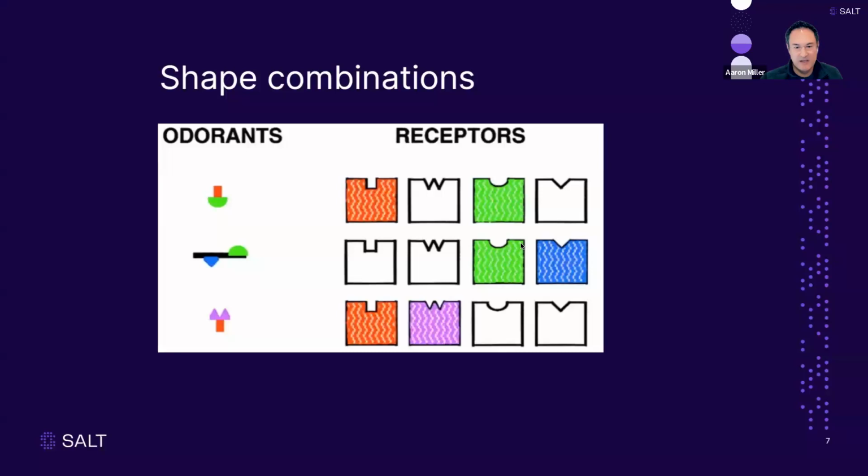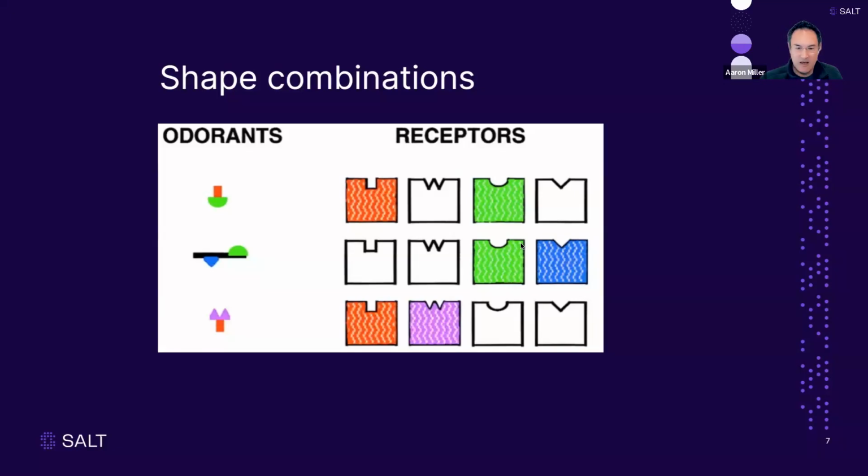And the way it works in smell, at least according to the latest theories, is it's kind of a fit model, right? So you'll notice that each of these color-coded and shape-coded pieces fit into different parts of our nose slightly differently. And the way it fits determines what our brains interpret as the smell of that particular molecule, right?